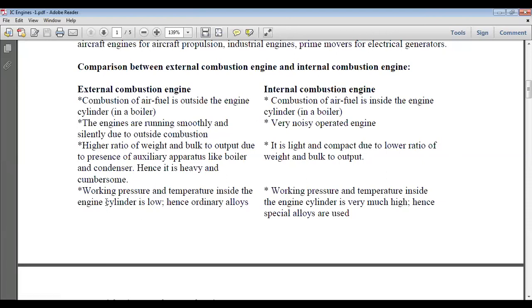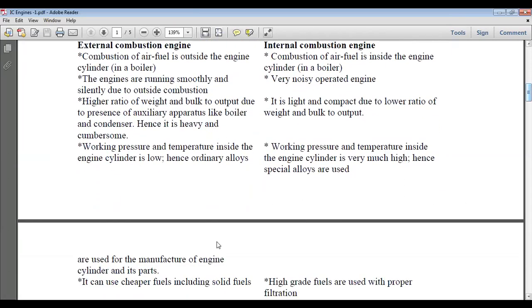Fourth point: the working pressure and temperature inside the engine cylinder is low in the external combustion engine, hence ordinary alloys are used for manufacturing the engine cylinder and its parts. For the internal combustion engine, the working pressure and temperature inside the engine cylinder is very high, hence special alloys are used.